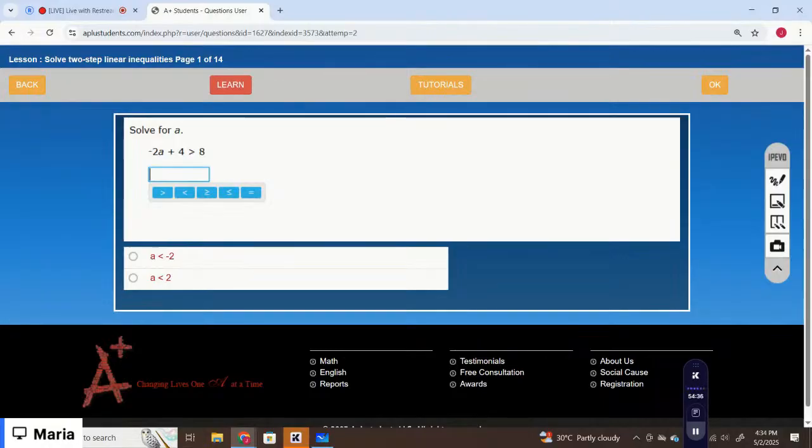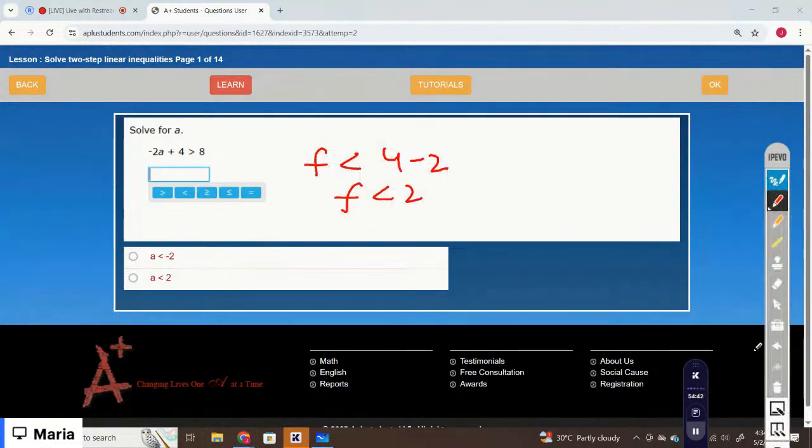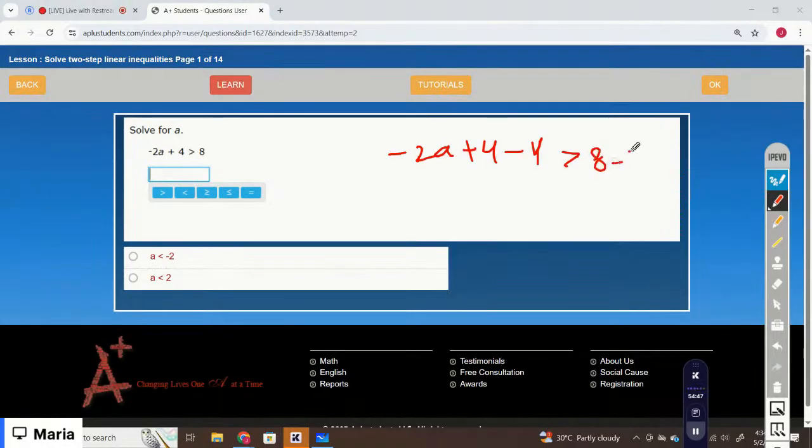Negative 2a plus 4 is greater than 8. So first thing we have to do is subtract 4 from both sides, right? So that is negative 2a plus 4 minus 4 is greater than 8 minus 4. 4 minus 4 is 0. Negative 2a is greater than 4.